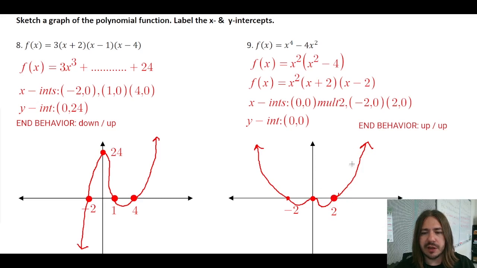It probably has a steeper slope, to be honest with you. But again, we're just trying to get a sketch down. I just want you to be able to have a general idea of what these graphs look like, not worry about all the details. Just as long as your intercepts are there and your end behavior is correct, and you're passing or bouncing correctly through the x-axis, you're going to be just fine.